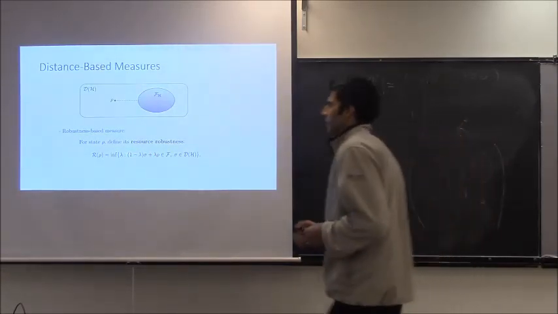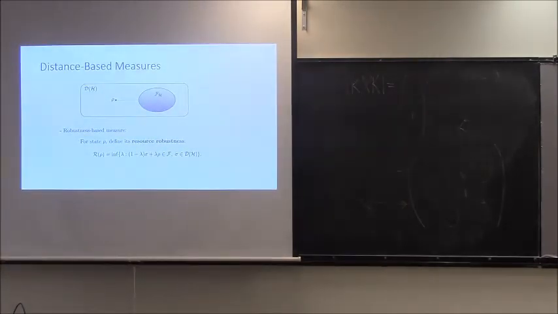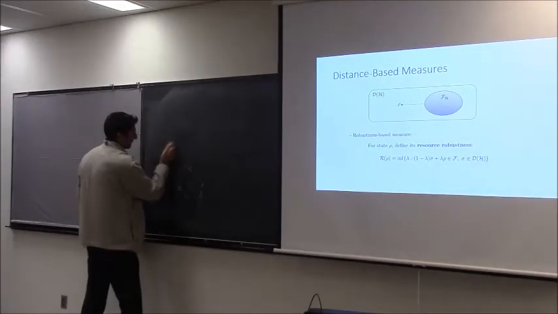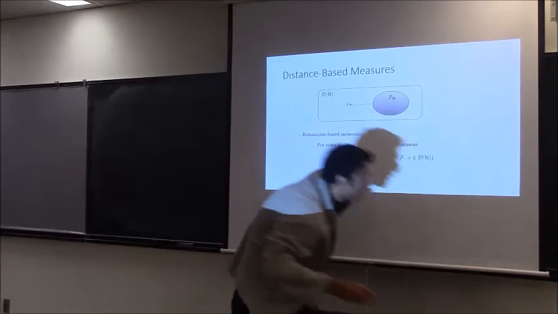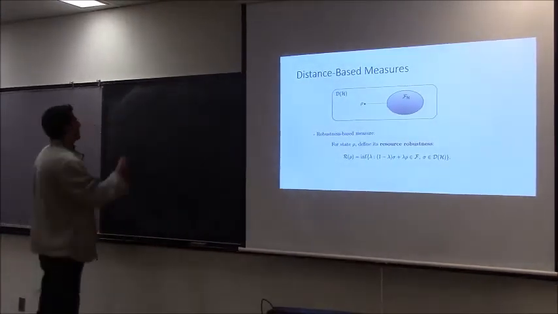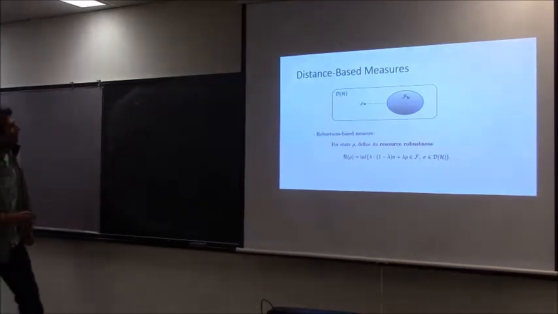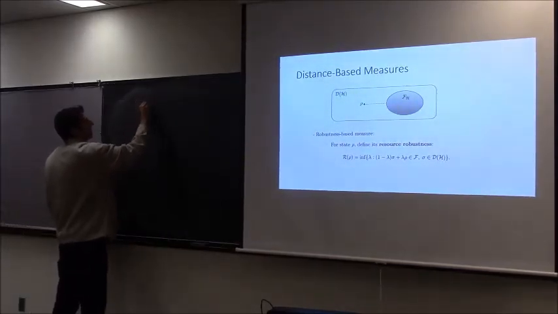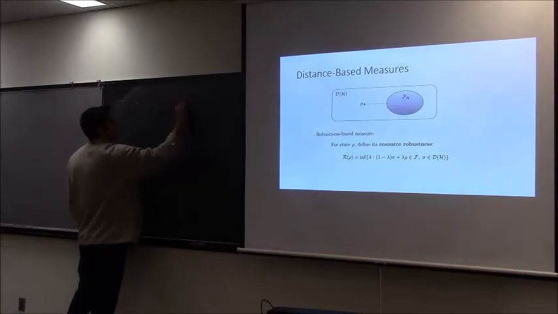So let me just write it down. I have my state rho, and I'm going to add to it some lambda amount of some other state.